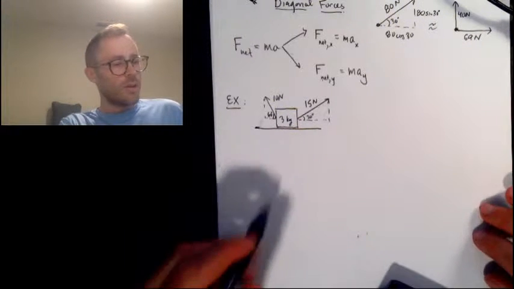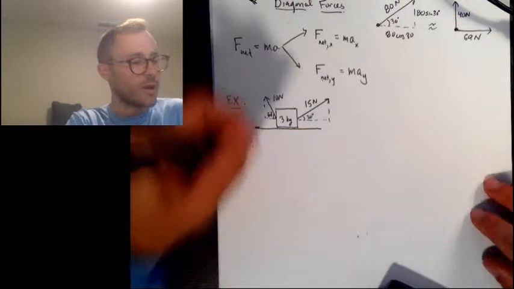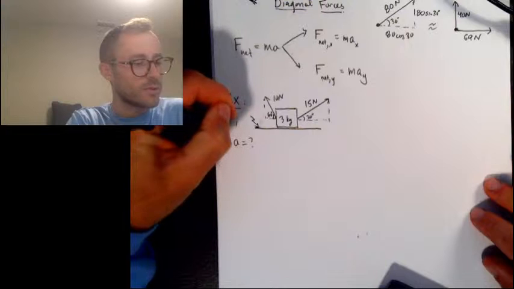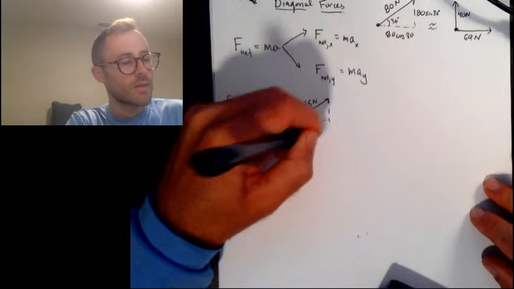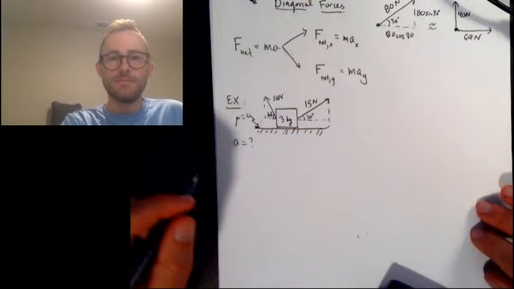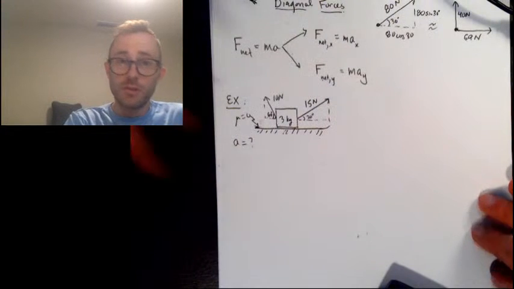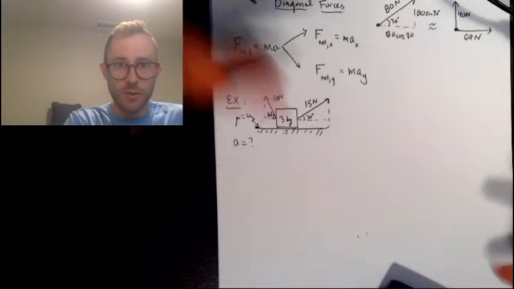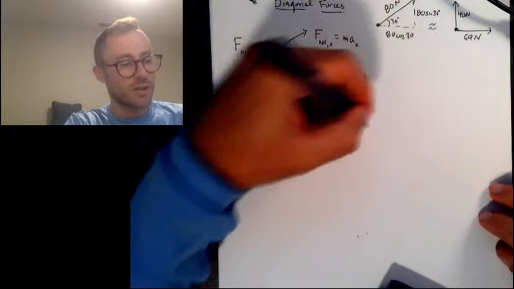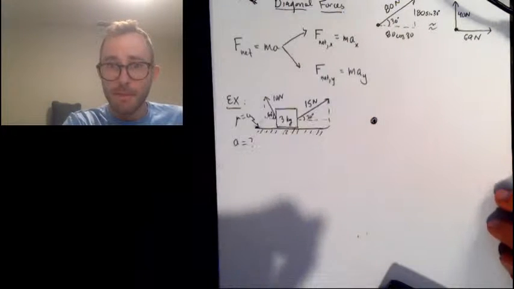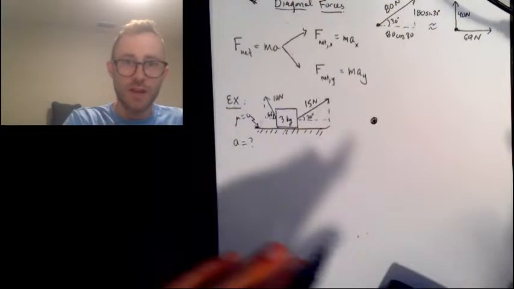So what we want to know is the acceleration of this box. And we're going to say that it's a frictionless floor, so mu equals 0. First thing I'm going to do is draw a free body diagram. A free body diagram is a picture where we represent the object as a dot, and then we draw an arrow for each force acting on the object.